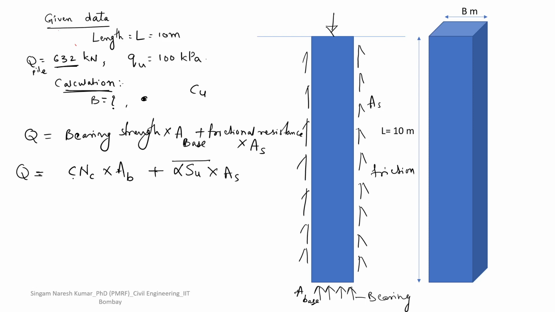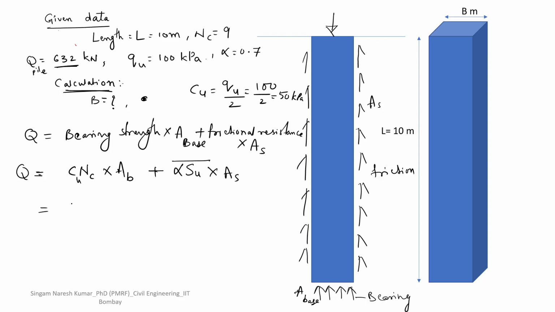Now what is C? CU. CU we have discussed already in the previous slide, that is QU by 2, 100 by 2, that is 50 kPa. Now can we substitute all the values? In the given data I forgot to write this, NC equal to 9 is also given, and alpha equal to 0.7 is also given. Now we will substitute.